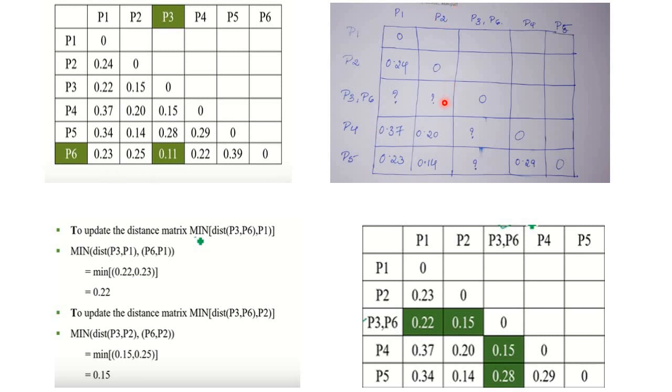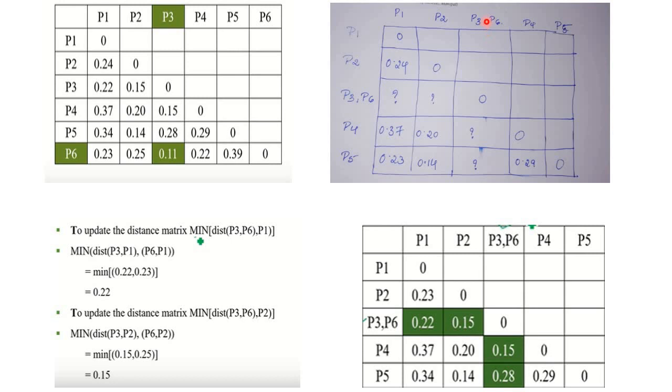Next is P2 to P3, P6. I should find whether P2 to P3 is smaller or P2 to P6 is smaller. P2 to P3 is 0.15, whereas P2 to P6 is 0.25. So 0.15 is smaller, so I fill that box with 0.15.